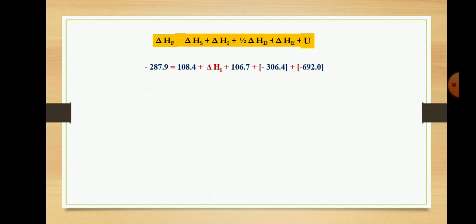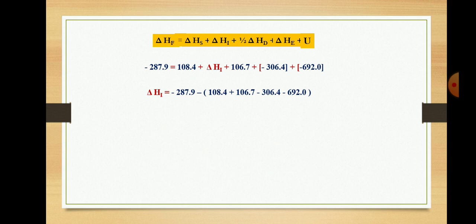We have to find out the ionization energy, plus 106.7 plus, in bracket, minus 306.4, plus, in bracket, minus 692.0.